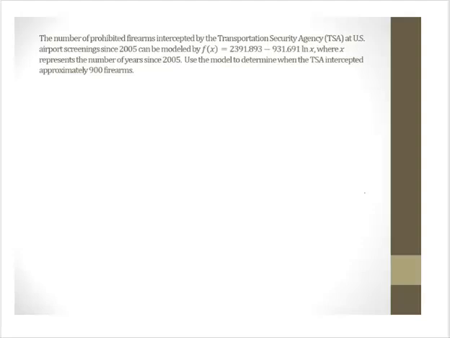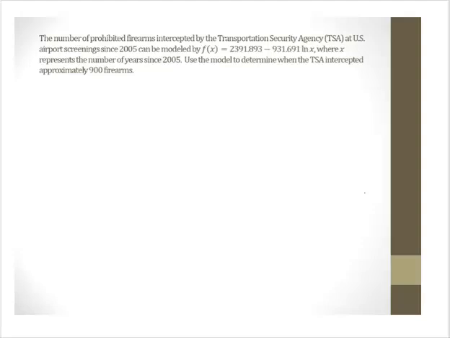Here's another application. The number of prohibited firearms intercepted by the Transportation Security Agency at U.S. airport screenings since 2005 can be modeled by f of x is equal to 2,391.893 minus 931.691 natural log of x, where x represents the number of years since 2005.